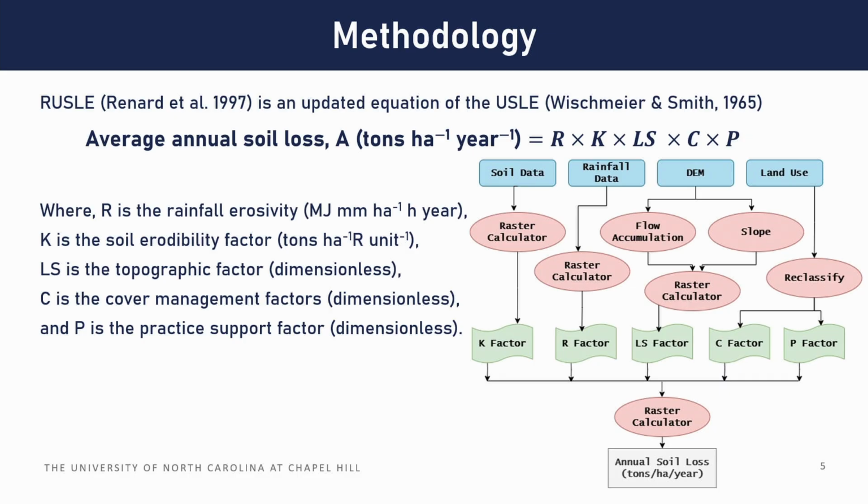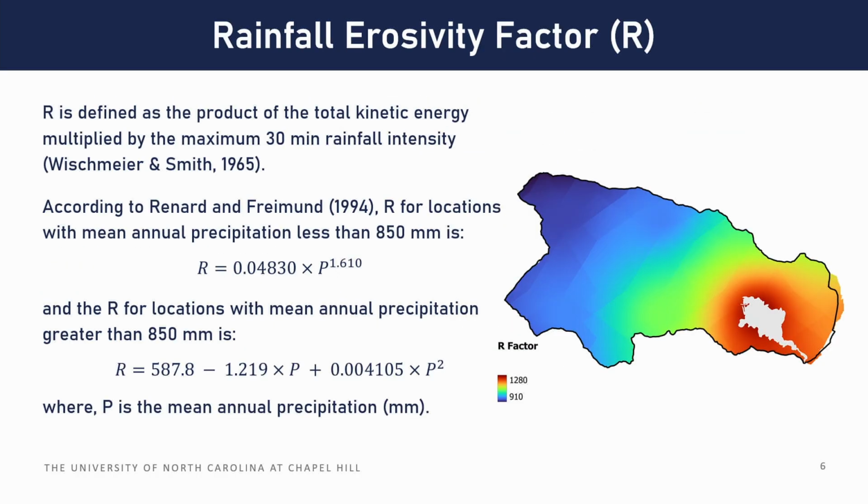It calculates soil erosion or soil loss based on 5 factors, which are rainfall erosivity, soil erodibility, slope length and steepness, cover management, and support practice factors. So the first factor is the rainfall erosivity factor.